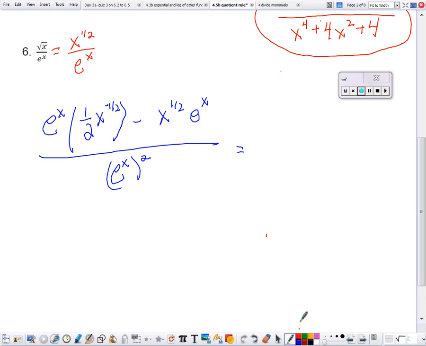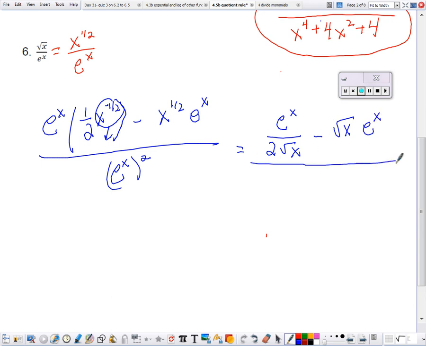One last step to simplify. This moves to the denominator. I'm going to rewrite this as a radical. And I can multiply those exponents, and that is our answer.